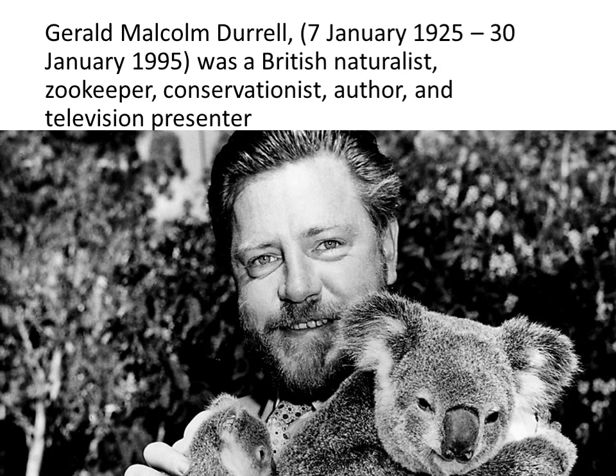The first book in my life, when I was about 10 years of age, was My Family and Other Animals, in which Gerald Durrell talks about his childhood on Corfu Island, Kerkyra, in Greece.